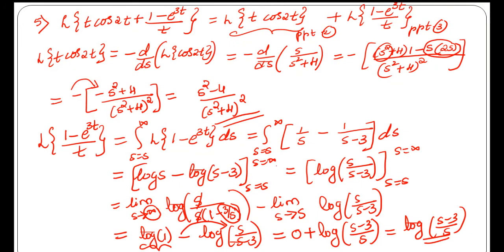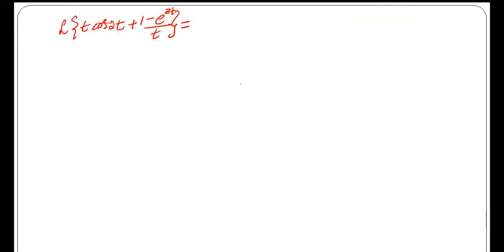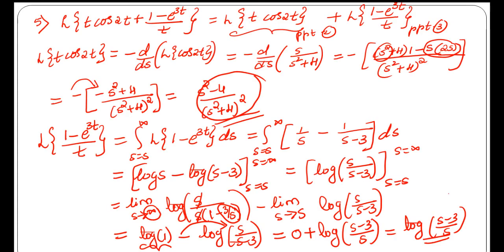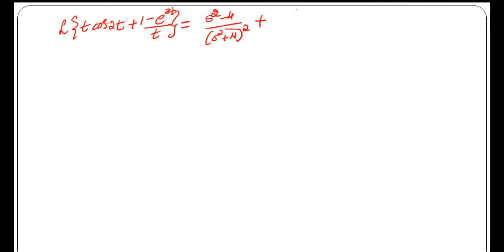Therefore, Laplace transform of t cos 2t plus 1 minus e power 3t by t is equal to s square minus 4 divided by s square plus 4 the whole square, plus the answer for the second term by using property 3, that is log of s minus 3 by s.